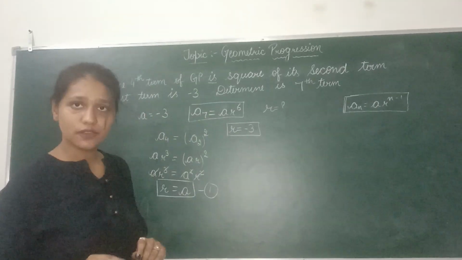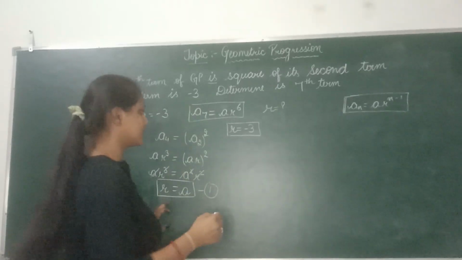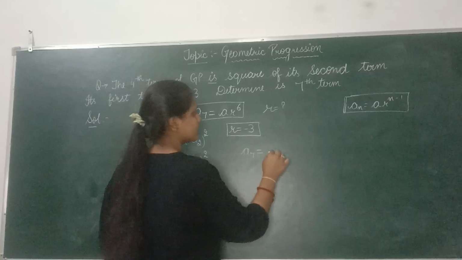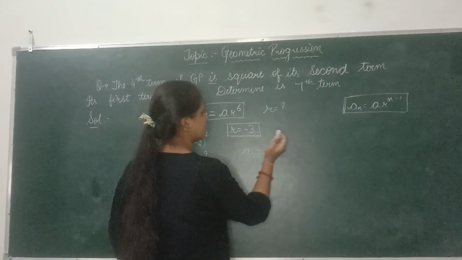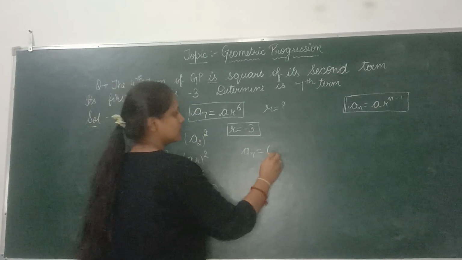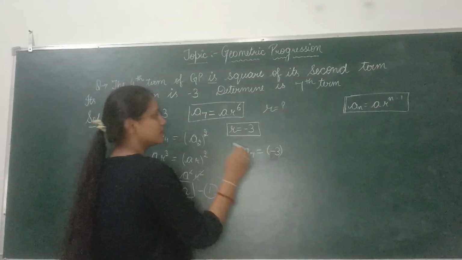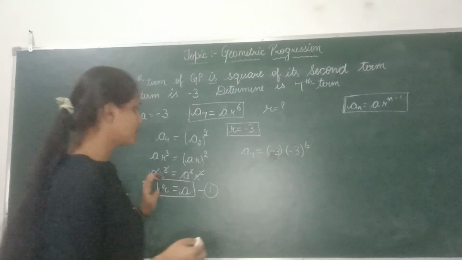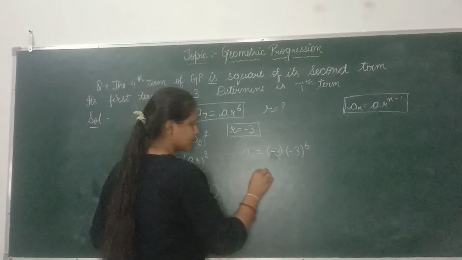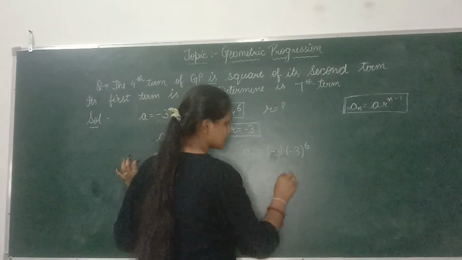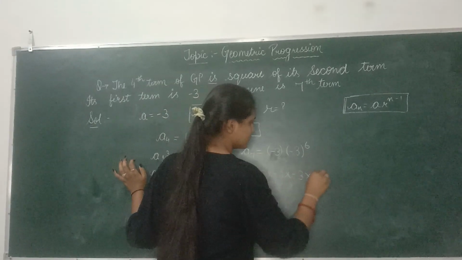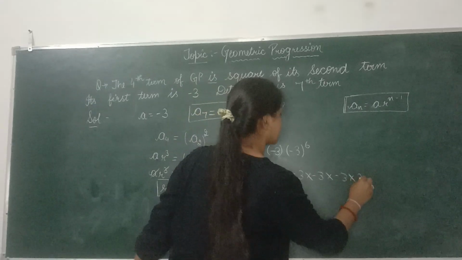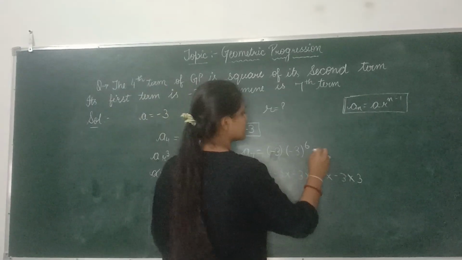Now we will put the values of A and R in the formula for A7 and calculate it. A7 will be A, which is -3, times R power 6, with R being -3. So -3 multiplied by -3 multiplied by -3, it will be -3 power 7.